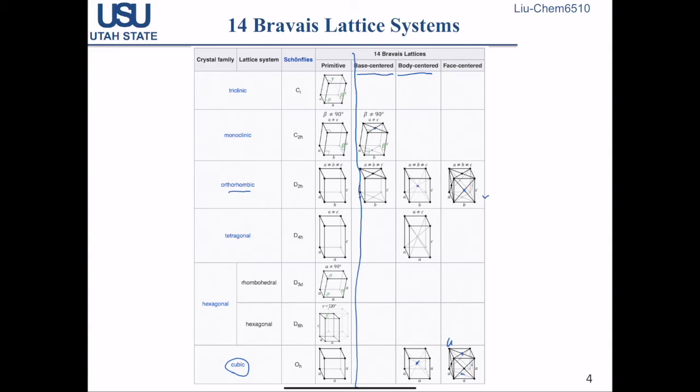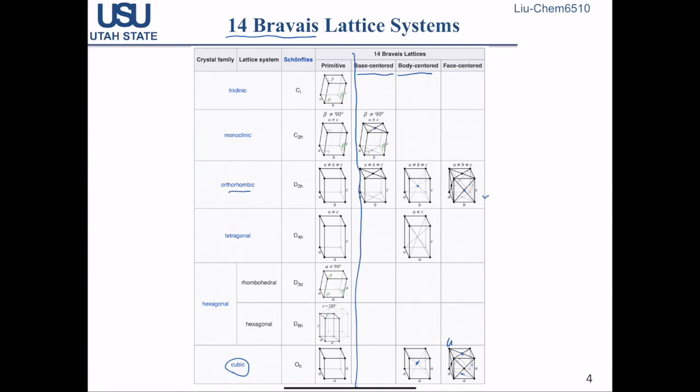So either way, we end up with an extended lattice system of up to 14. We call that the 14 Bravais lattice system, okay? That structure arrangement, okay?